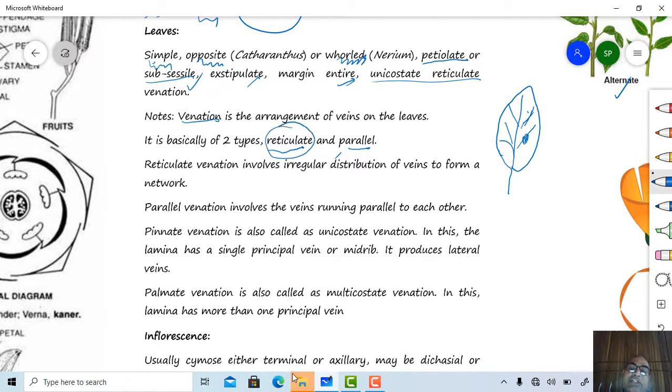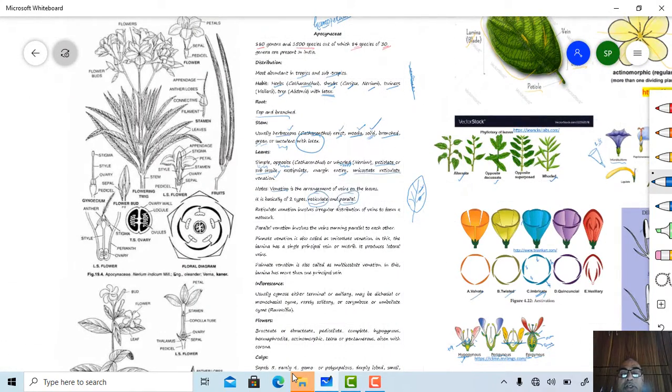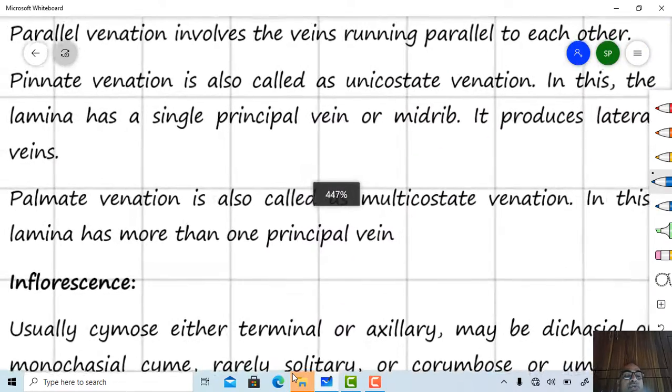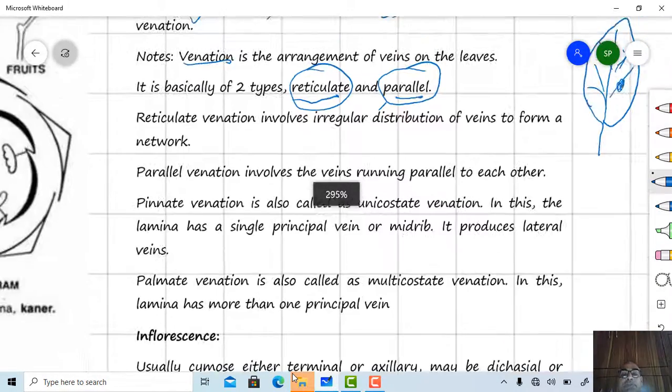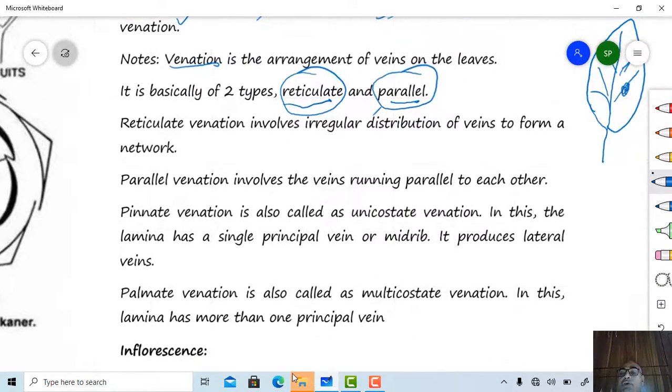Reticulate, which is the characteristic feature of the dicotyledon plant, and parallel, characteristic feature of the monocot plant. Reticulate venation involves irregular distribution of veins to form a network. If veins are irregularly distributed, then it is called a reticulate venation.